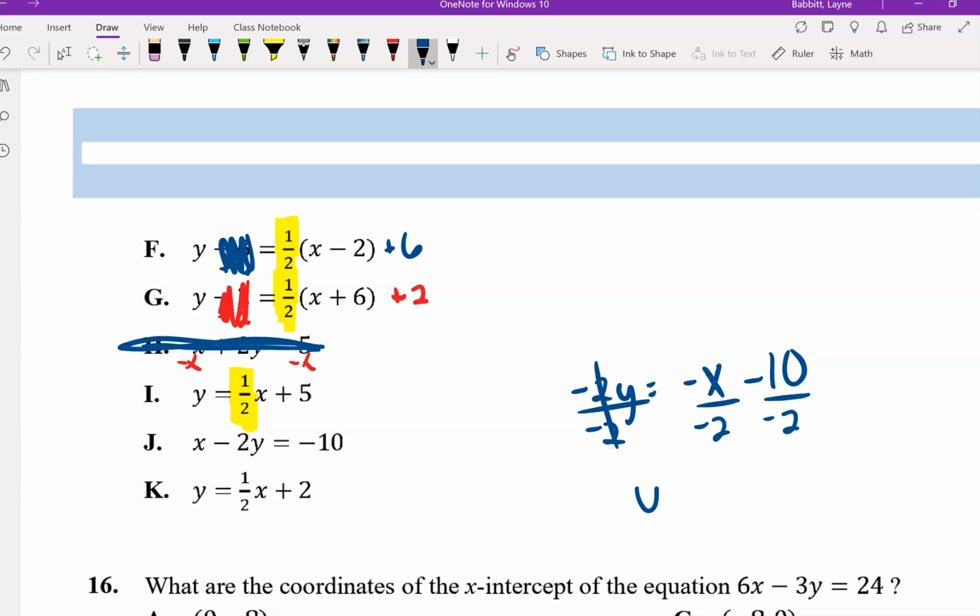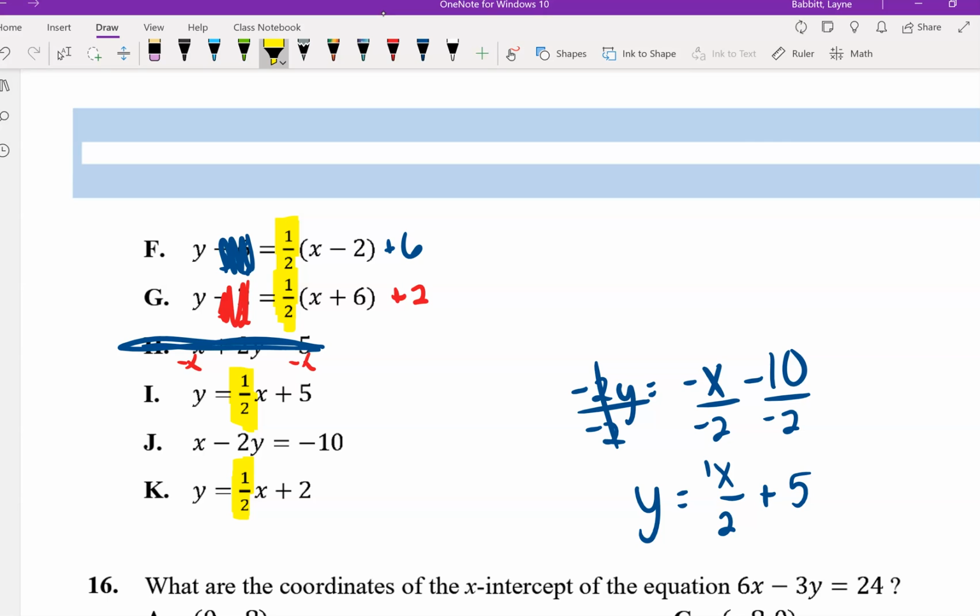I'm left with y equals negative divided by a negative is positive x over 2 plus 5. Which is interesting. That is exactly the same as the one above it. That doesn't mean that it contains the point that we want, but it does mean that it has the correct slope. So that one might work. And then K also has the correct slope. So really the only one that didn't have the correct slope was H.